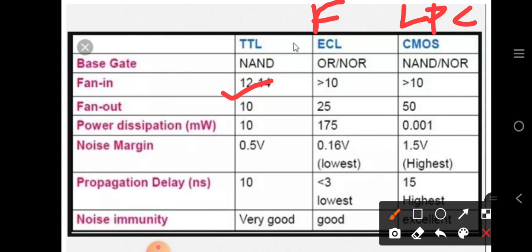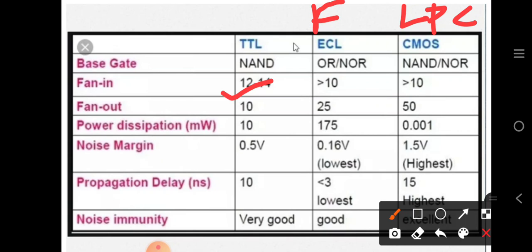Now the noise margin. Noise margin in TTL is 0.5 volt. In ECL the noise margin is lowest, which is 0.16 volt, and it is highest in CMOS, that is 1.5 volt.